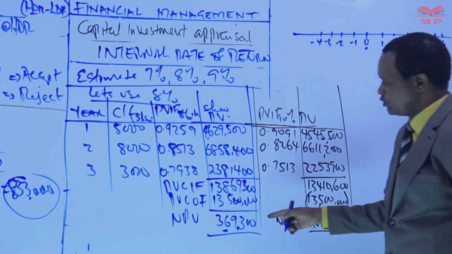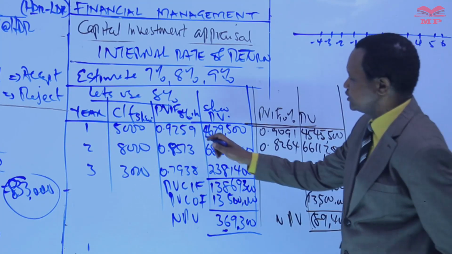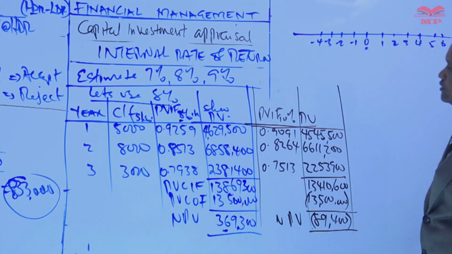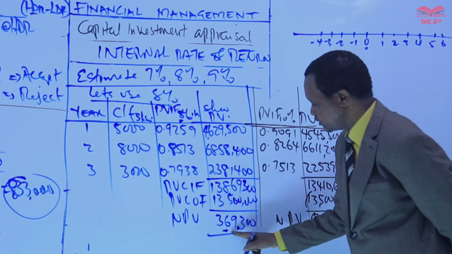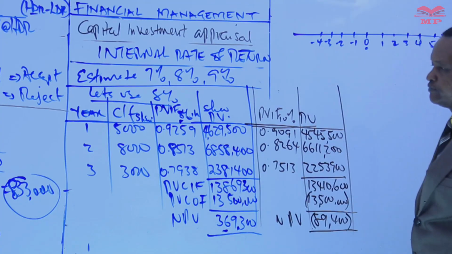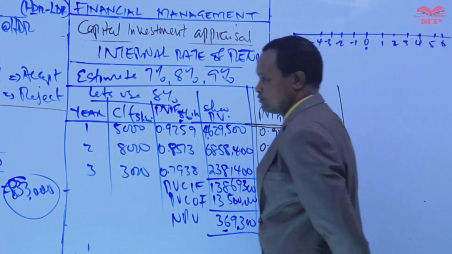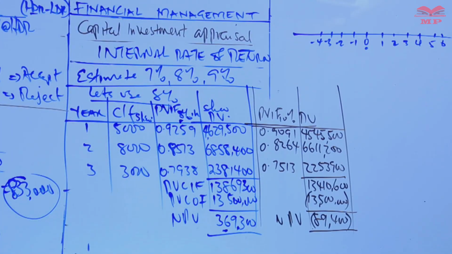So can we compute this with another discounting rate that will give us a positive NPV close to 0? Which rate should we use here? Which rate do you think we can use?